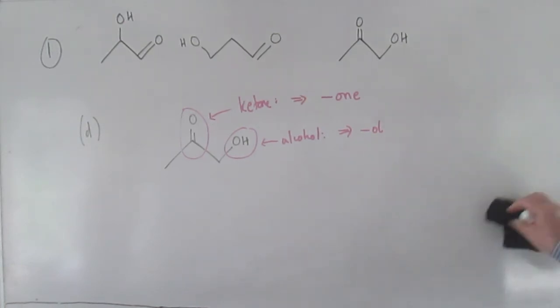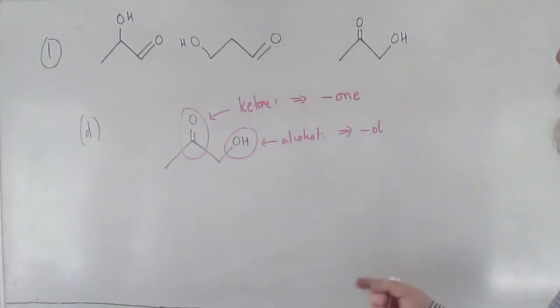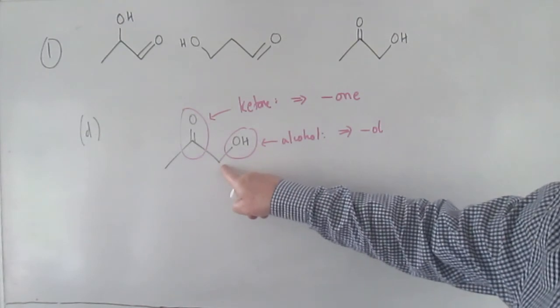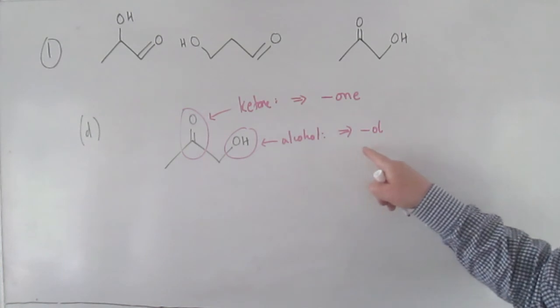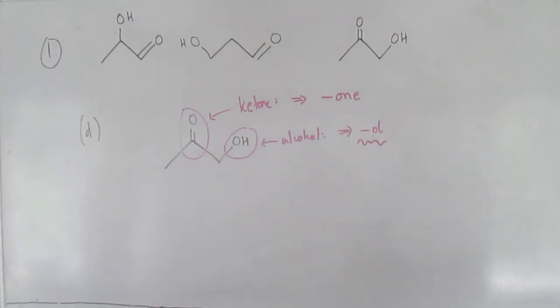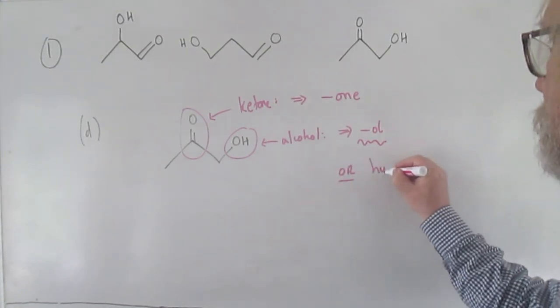So what you do is to think, well, is there a different way to name this group or this group? And the answer is actually yes for both, but this one you don't learn at A-level, this one you do though. When you have an OH group in the structure and it's not possible to use -ol because you need a different ending there, you can call it a hydroxy group.